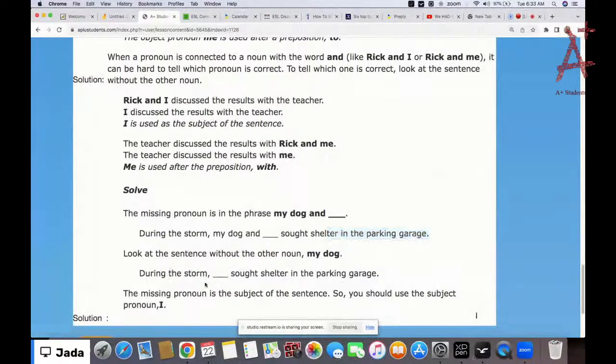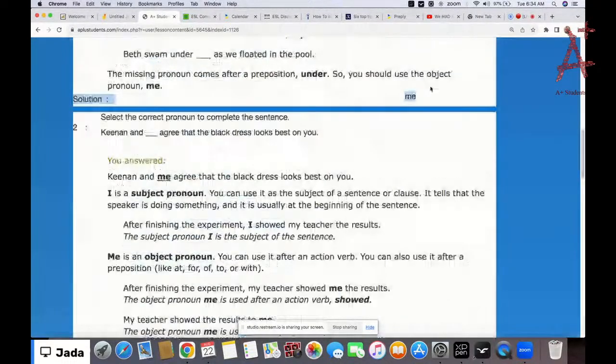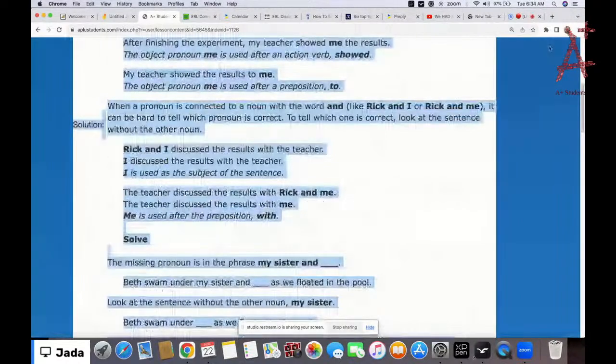So you need a subject pronoun to start the next sentence. So suitable will be I. If you say me, it's incorrect. But if you say I sought shelter in the parking garage, it's perfect. All right. So I hope that you all understand this. We'll just move on to the test right now.